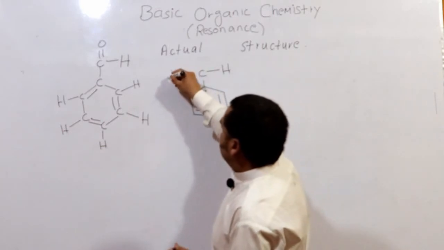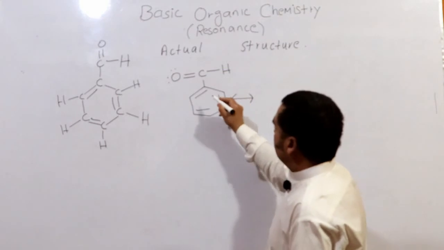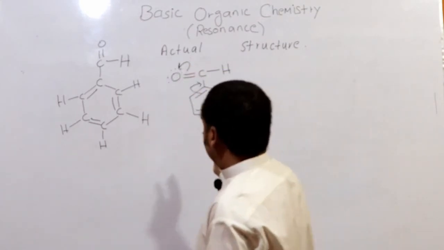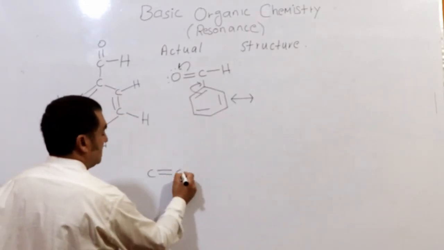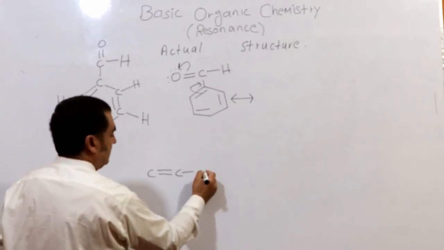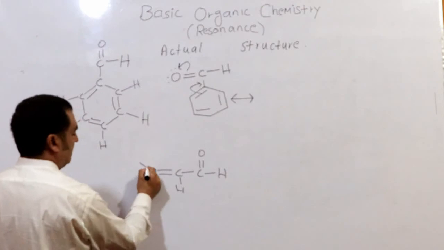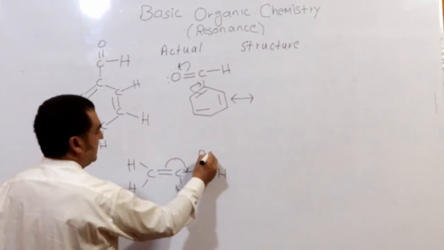Lone pairs on oxygen are there. So what happens? First of all, those electrons are shifted here and they sit here. It is just similar to this molecule, this portion. It shifts here and it sits here.